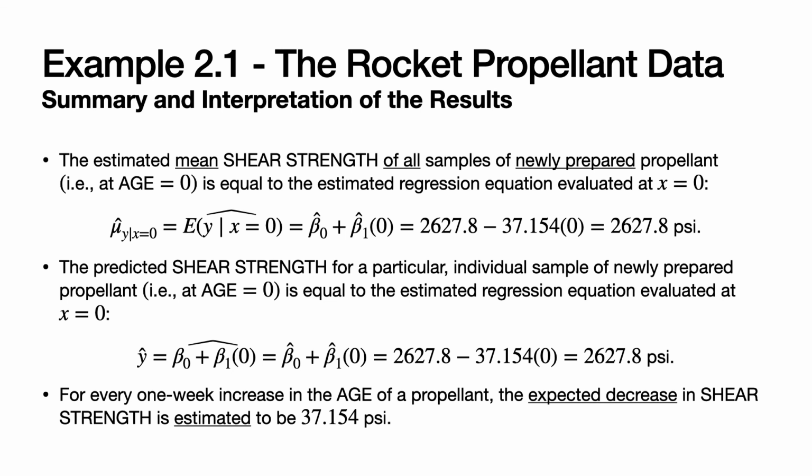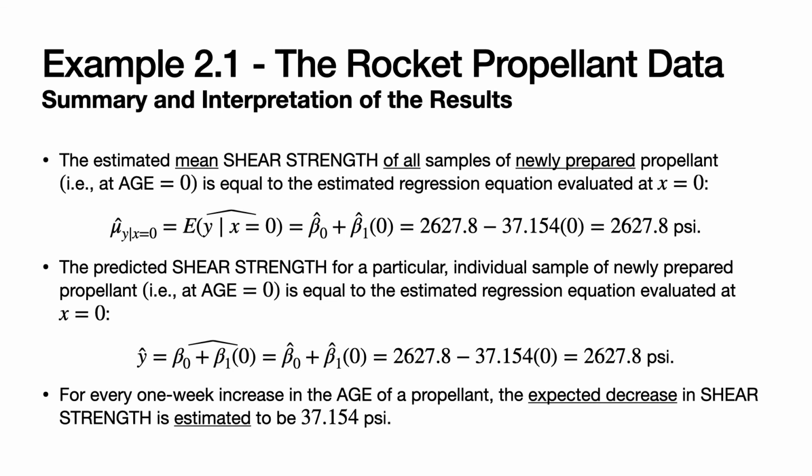The estimated mean shear strength of all samples of newly prepared propellant, that is, at age equal to 0, is equal to the estimated regression equation evaluated at x equal to 0.